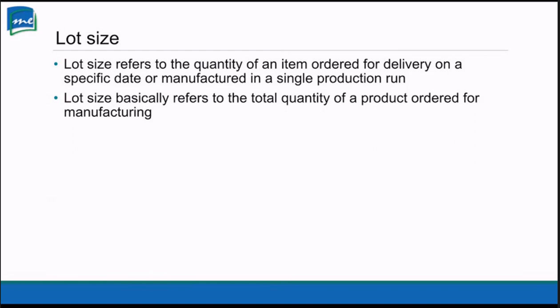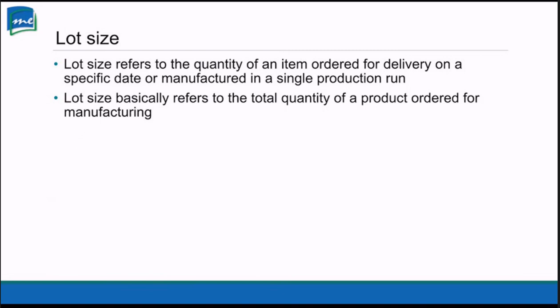In general, when we mention cycle inventories, when we consider the operational dimension, how much cycle inventory you have currently depends on the lot size, on how many units you can obtain if you place an order, or how many units you can obtain if you produce in a single run.